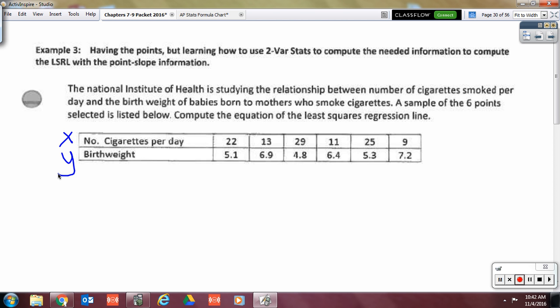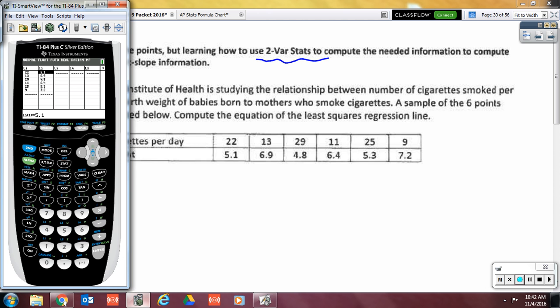But I wanted to show you a feature of the 2 variable stats on the calculator. So if I went and put this information into my lists, 1 and 2, and you can just kind of watch along here. You don't have to necessarily do it with me for time's sake. So I have that done.